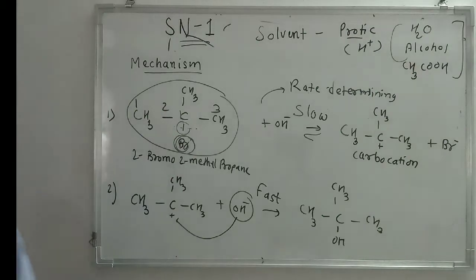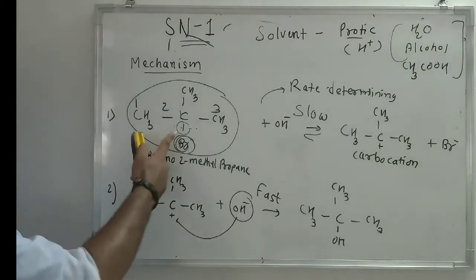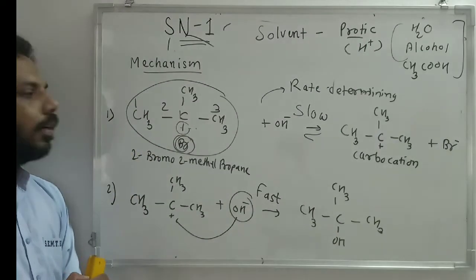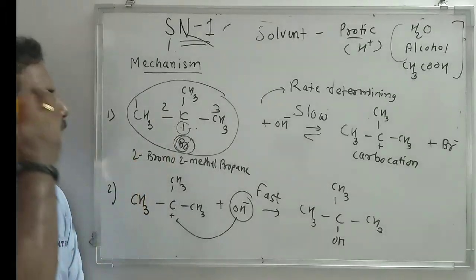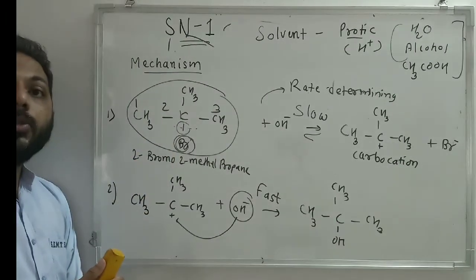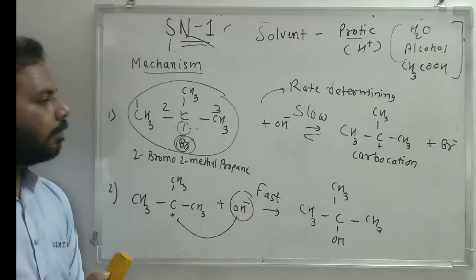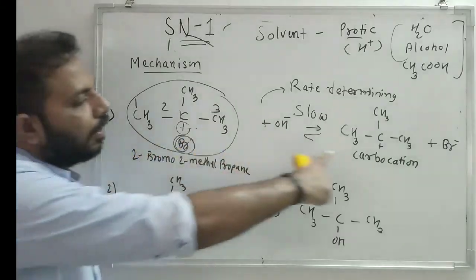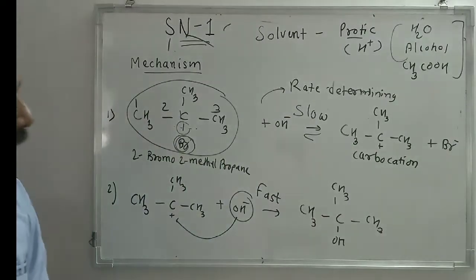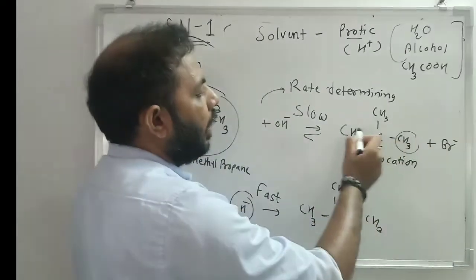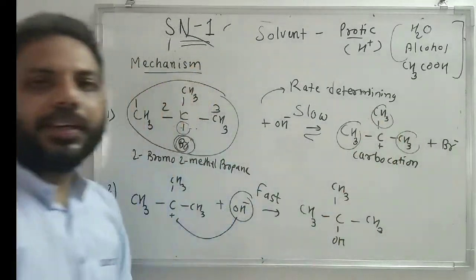Now, why have we taken tertiary haloalkane here, and in SN2 reaction we have taken primary haloalkane? The reason is we are getting carbocation, and as we know, tertiary carbocation is more stable compared to secondary and primary.